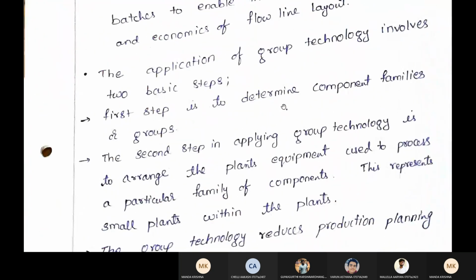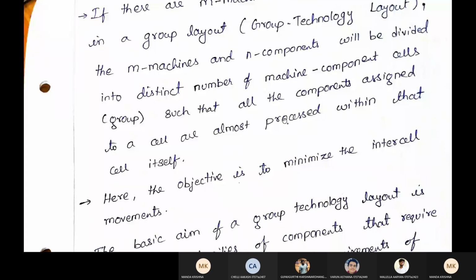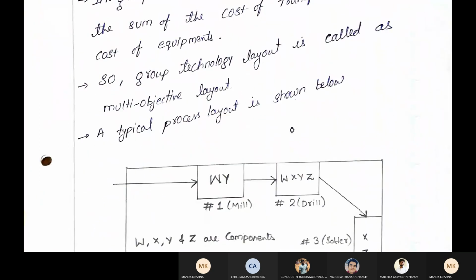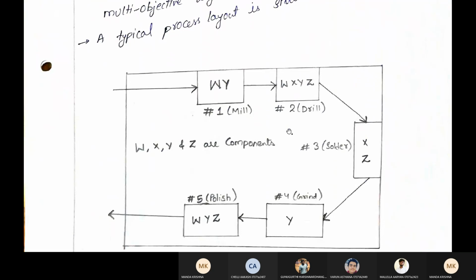As we have seen in CAD/CAM, we are clustering the components based upon their characteristics, so that we have the group of products. Suppose this is one group, W, X, Y, Z are the components. On the first, that is milling, W and Y components are going to get operated, and second is the drilling.